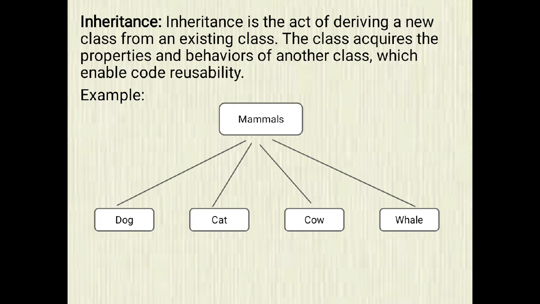So how is it possible that both your parents have straight hair, but you have curly hair, and both your parents have darker skin tones but you have fair skin? It may be because one of your grandparents may have had curly hair and fair skin, and that may have been inherited by one of your parents, and then inherited again back to you. So that is the concept of inheritance.